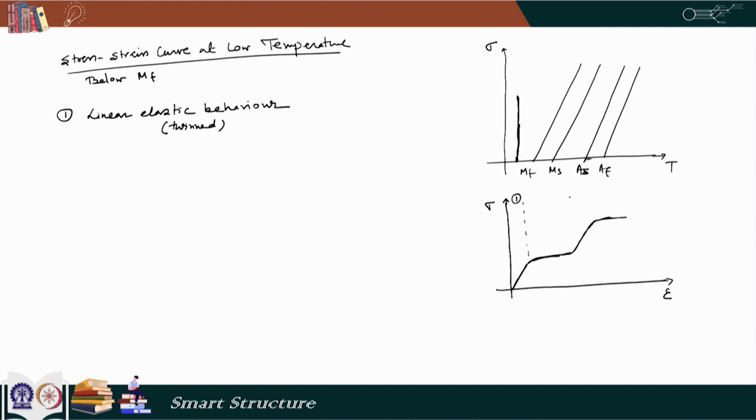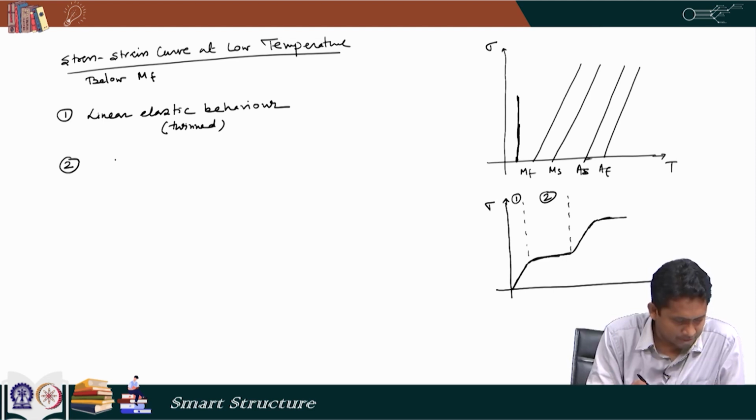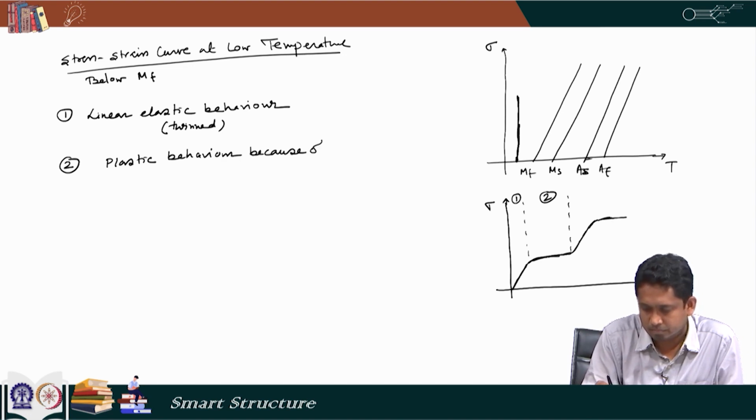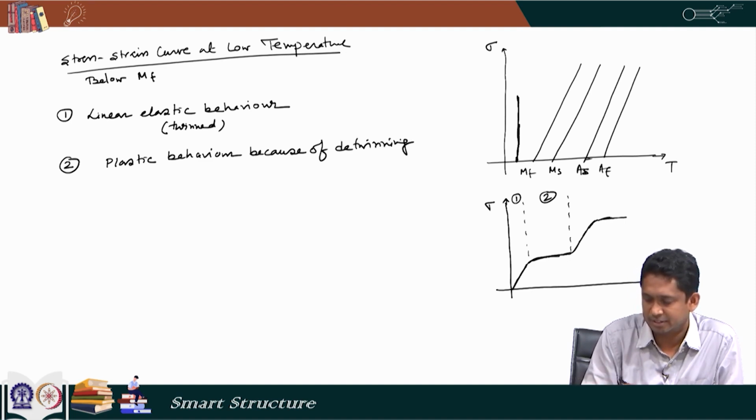Then we can call this zone 2. So, zone 2 is plastic behavior, and this is because of detwinning.